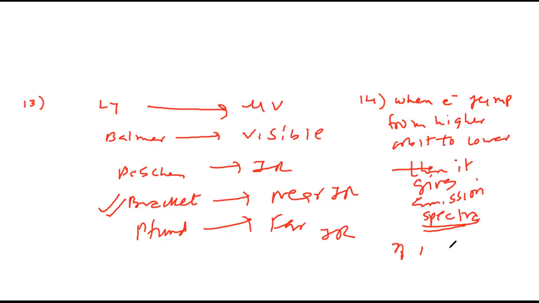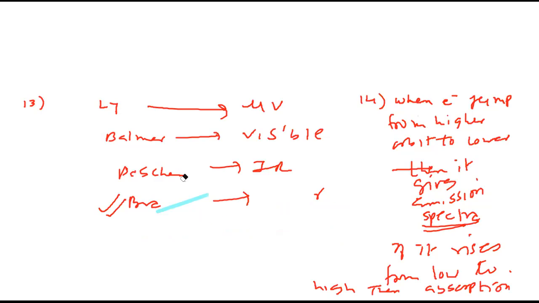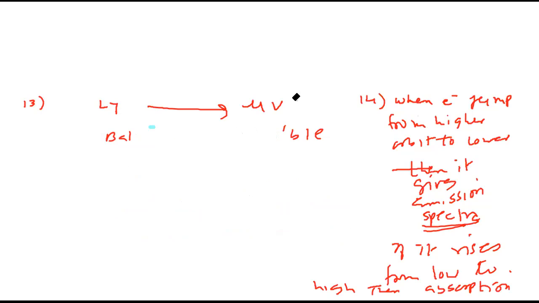If it rises from low to high, then absorption. So do we want absorption or emission? Absorption. That means it should go from low to high. And in that absorption, frequency should be maximum.